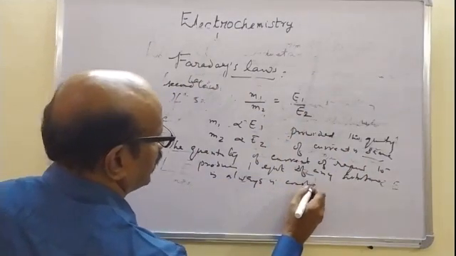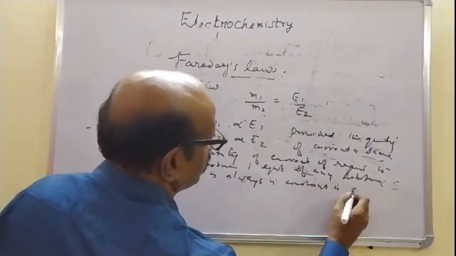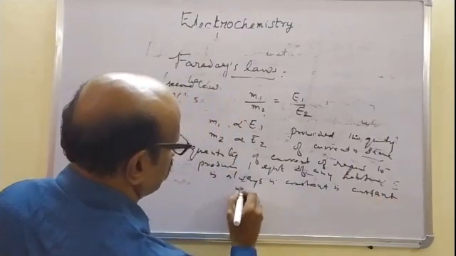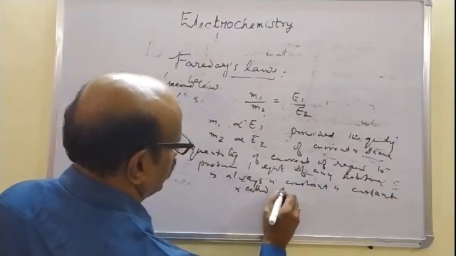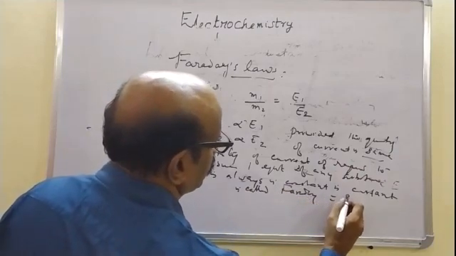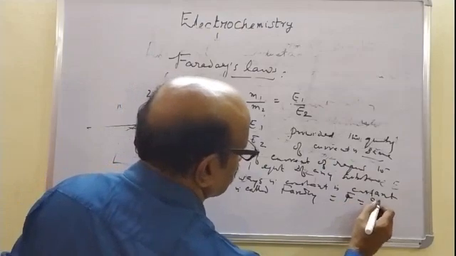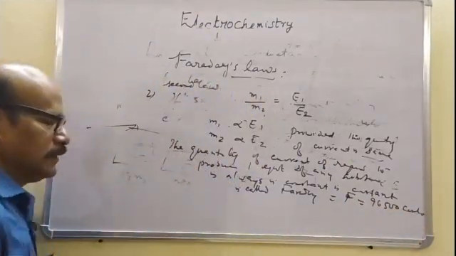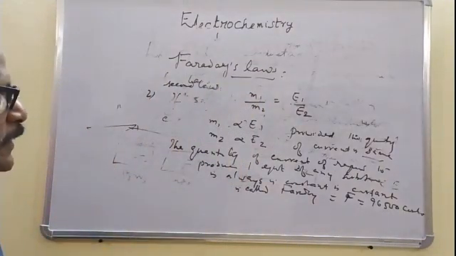And that is called Faraday, F, which is equal to 96,500 coulombs. That is the right definition.